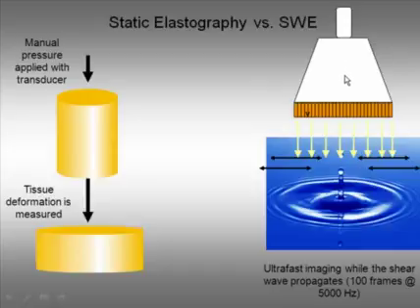A high-intensity pulse is transmitted into the breast tissue, and that pulse generates lateral shear waves, similar to if you see drops of water falling into a pond. Instead of looking at what happens to the pond right underneath the droplet, we're looking at what happens to those lateral ripples that spread out on either side of that pulse.